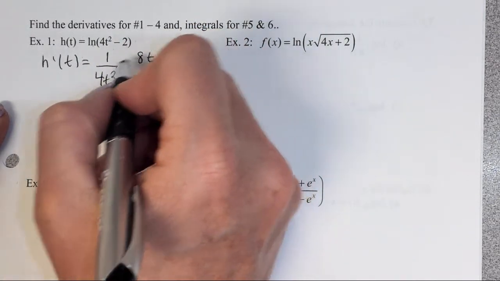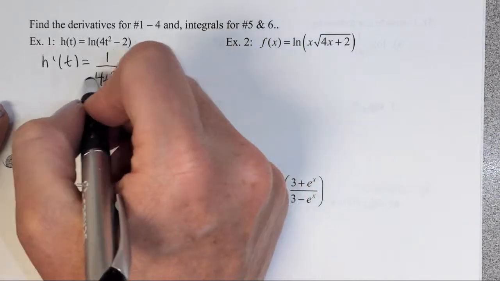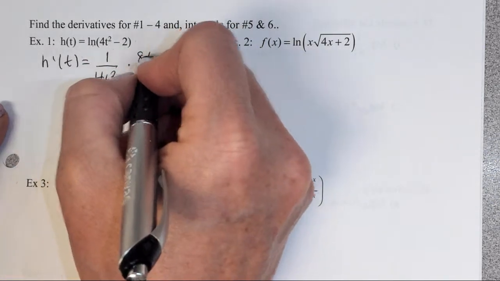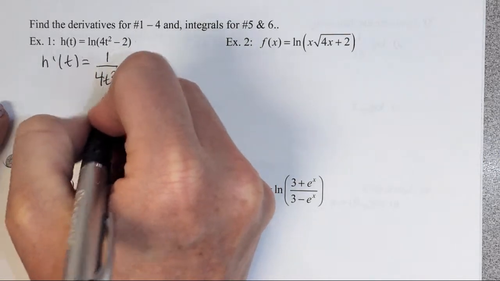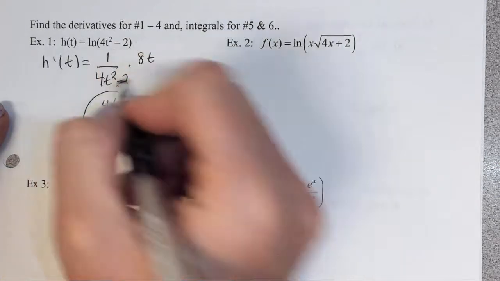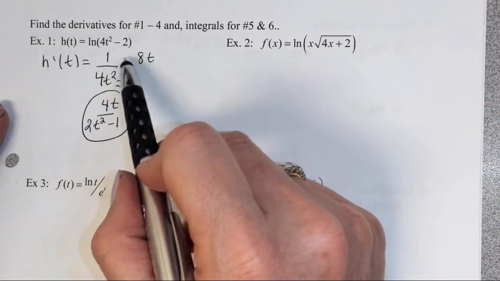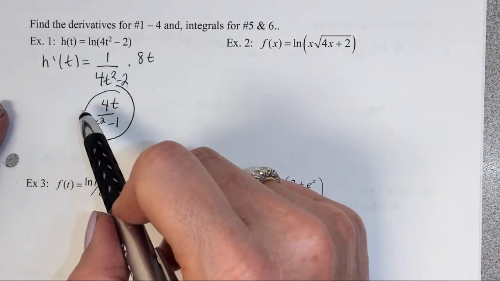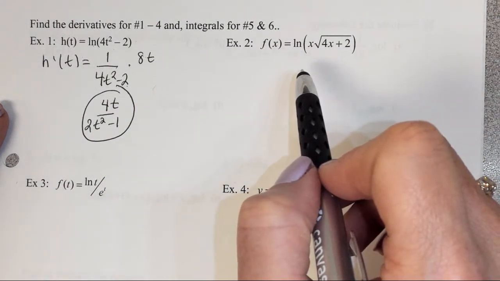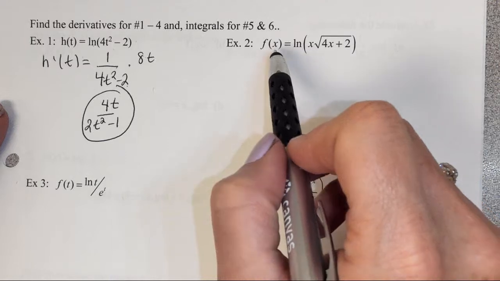Well, that gives me 1, 2, 3 terms. Every one of those 3 terms can be divided by 2. So I'm going to save myself some time and do that. Divide the top by 2, divide that term by 2, divide that term by 2. That's the same thing as factoring out a 2 of the numerator, 2 out of the denominator, and canceling. It's just a quicker way. And by this point, you should realize that that's an alternative method.